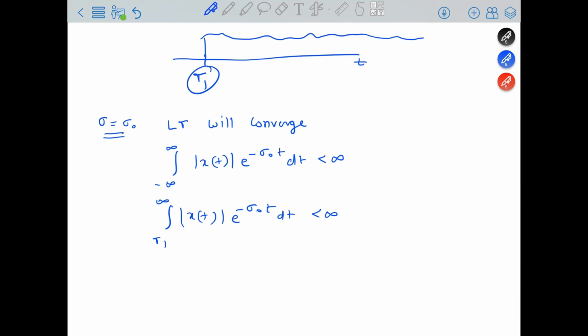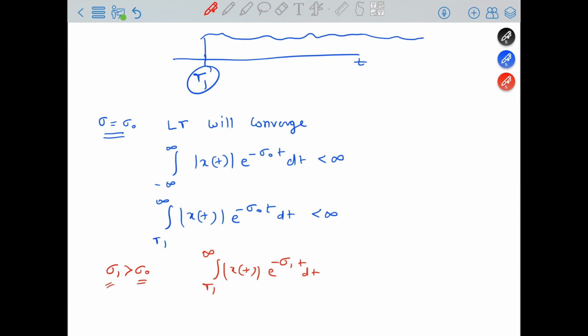Now we'll take a value sigma 1 which is greater than this sigma naught. So now we have to check whether the integral from t1 to infinite of mod x(t) e raised to the power minus sigma 1 t dt is less than infinite.